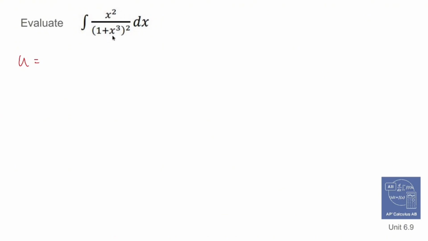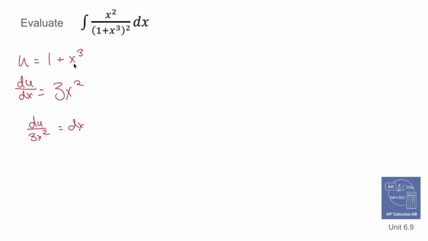Okay, if I take the derivative of x cubed, it looks like x squared is floating around, so I'm going to have 1 plus x cubed be my u. You take the derivative of that, du dx is going to equal 1 goes away, 3x squared. And then you do the old flip-flop with dx and 3x squared, giving you du over 3x squared equals dx.